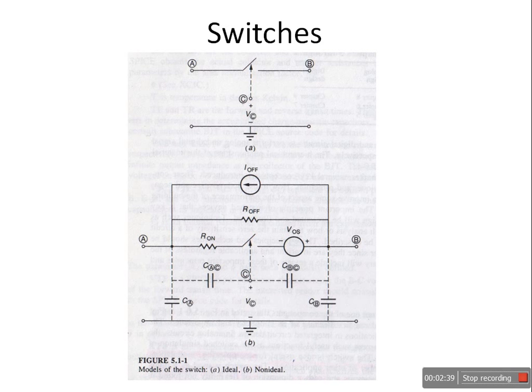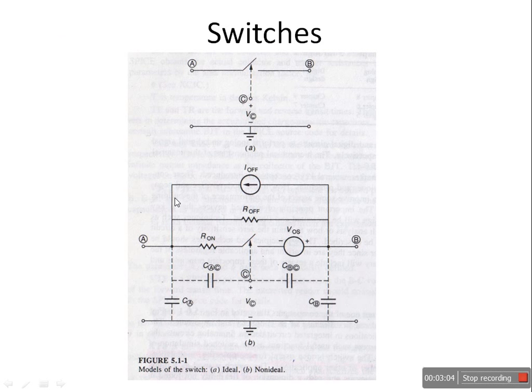Similarly, here there is a third terminal named terminal C, which is the control terminal. We will apply a voltage at terminal C, which will close the switch between A and B and current will start flowing between these two terminals. So this is the ideal switch.